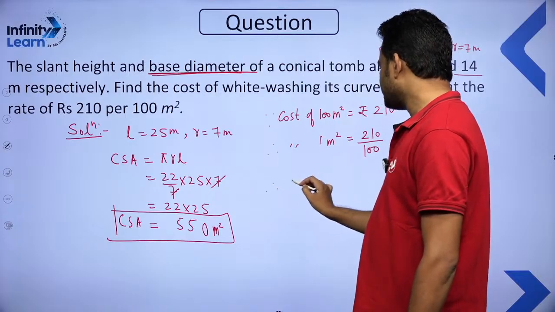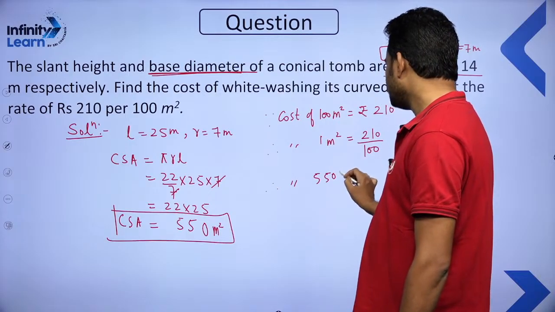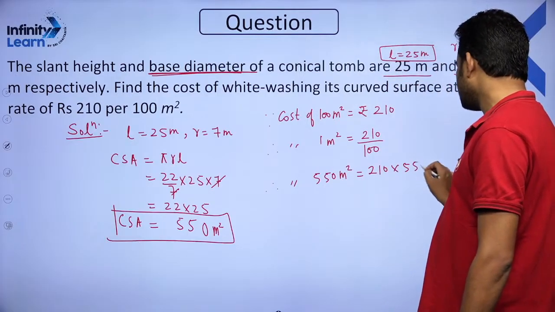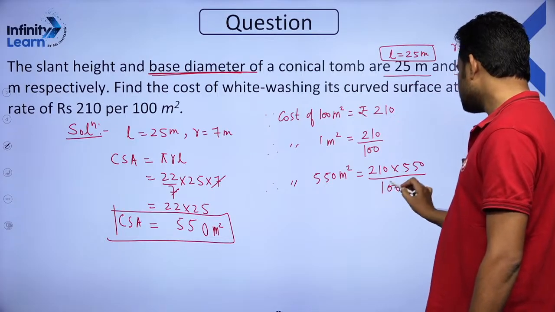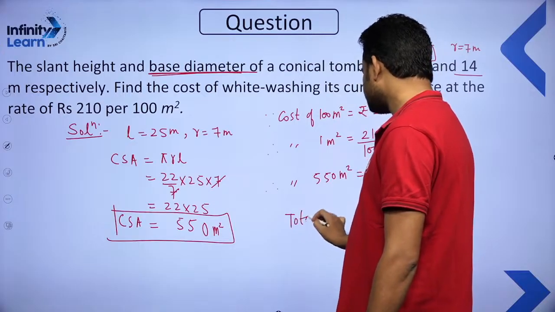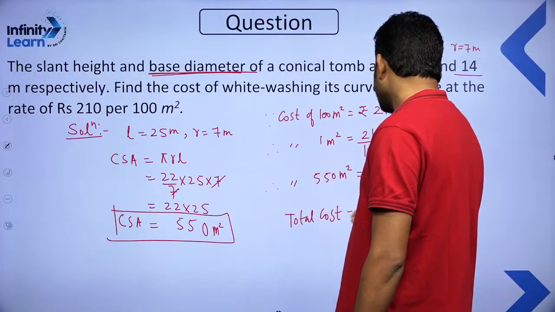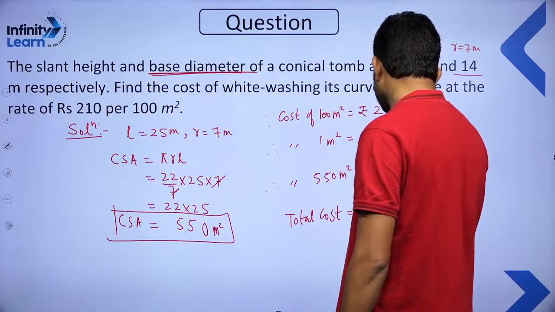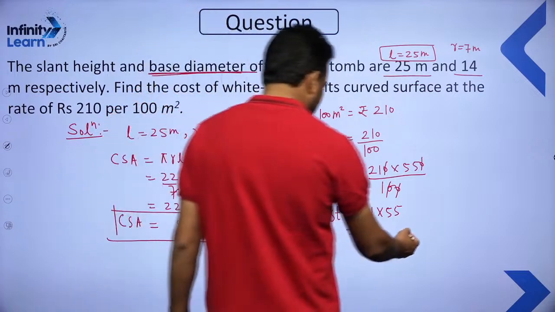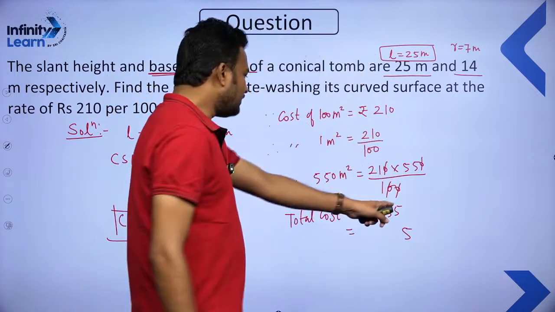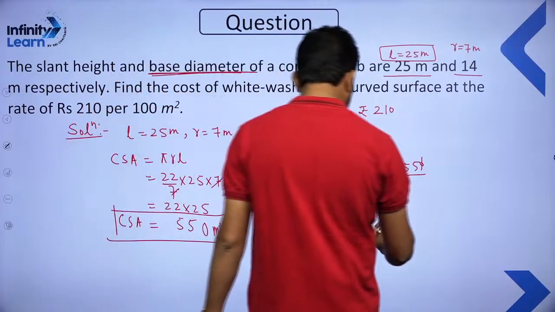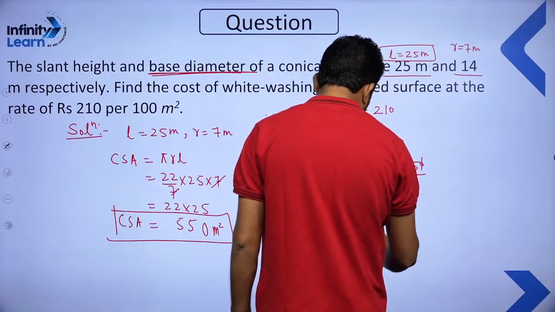Hence the cost of 550 meter square will be 210 into 550 divided by 100. So these 00 get cancelled out. So the total cost will be 21 into 55, which is 1155. So this is the total cost.